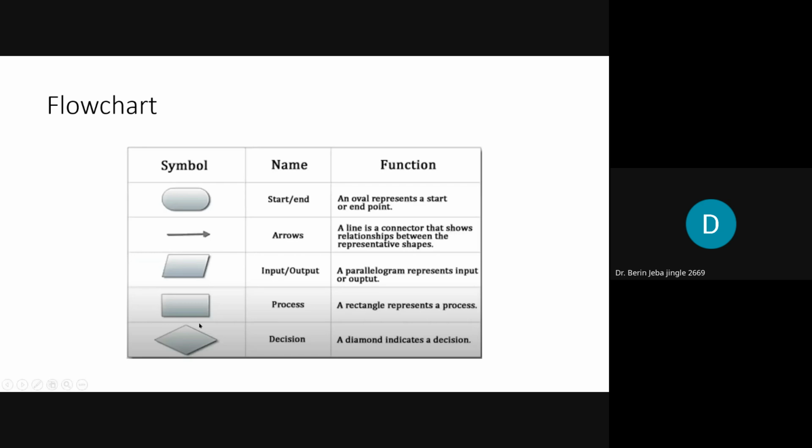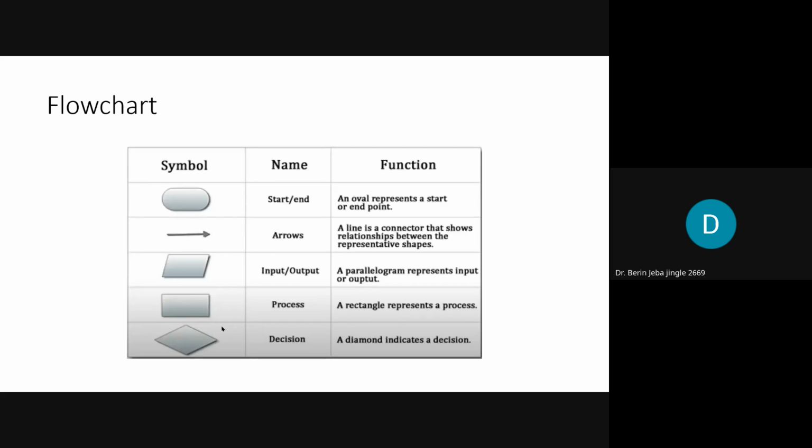Then the rectangle box represents the process, the calculations, like C is equal to A plus B. Here we are writing read and print, the input and output, inside this parallelogram, and in this rectangular box we are writing the process. Then this diamond shape is the decision making step.